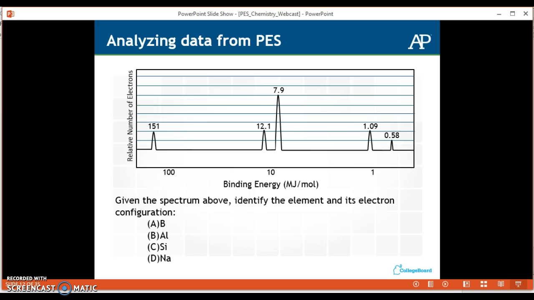Based on the location and height of the peaks, we can predict that this particular spectrum would belong to aluminum.